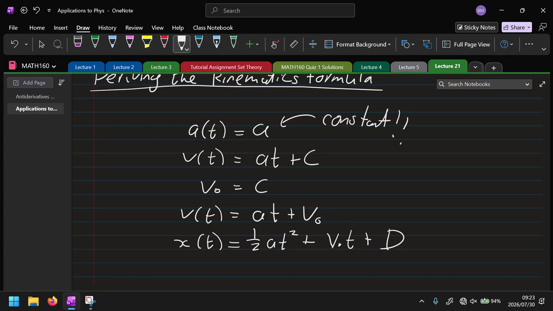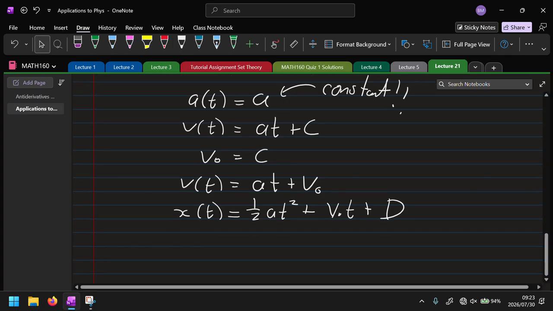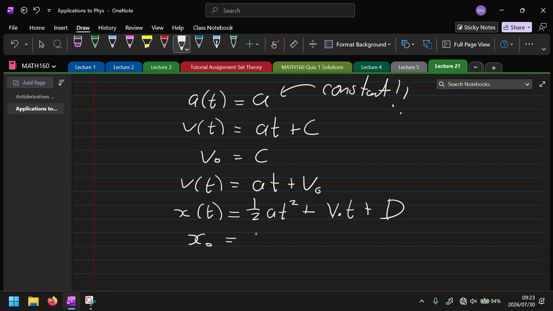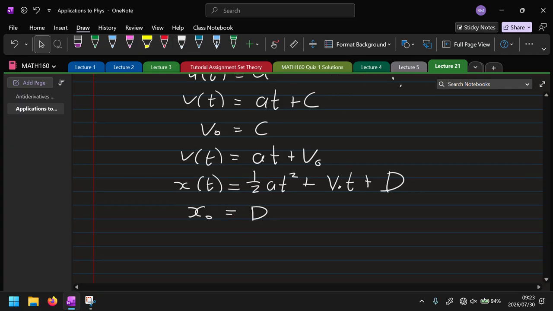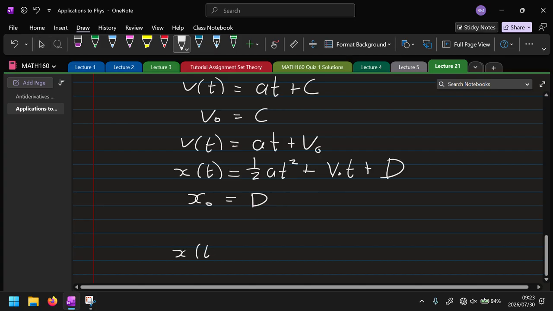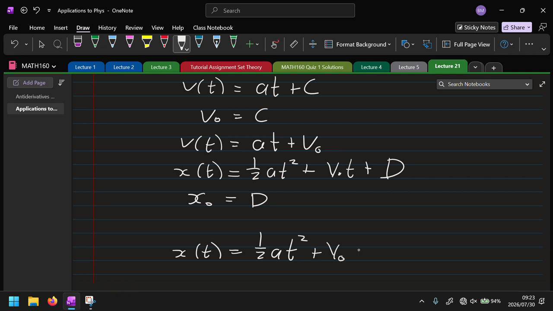Now to solve for d, we use the second initial condition. When t is 0, x will be x naught. But everything with t goes away, and we're left with d. So finally, x of t is half at squared plus v naught t plus x naught.